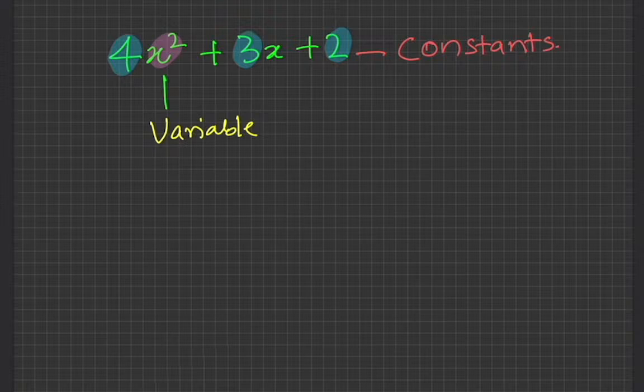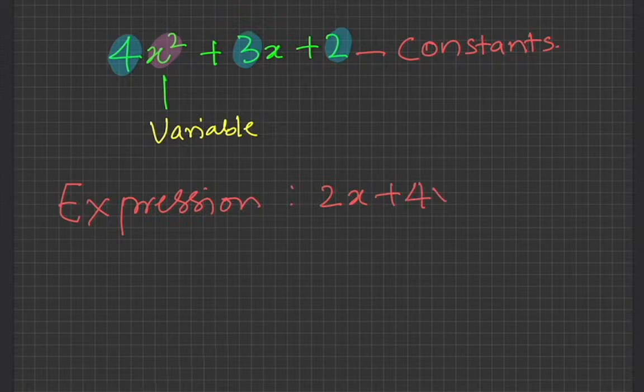Another example of an algebraic expression: you think of an expression as an English statement which is made up of words. So something like 2x plus 4y, right? So here it is basically 2 times x plus 4 times y. So this is an algebraic expression.